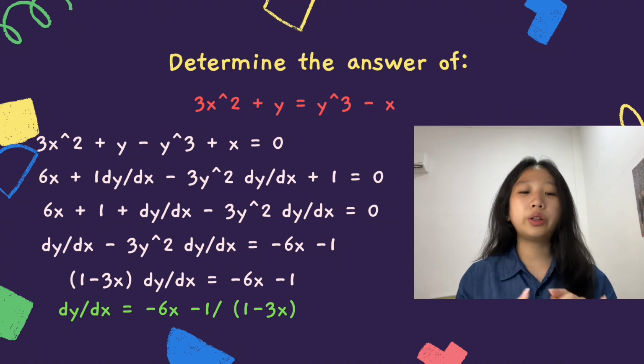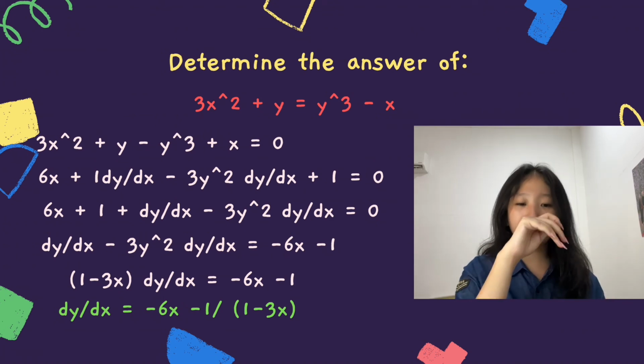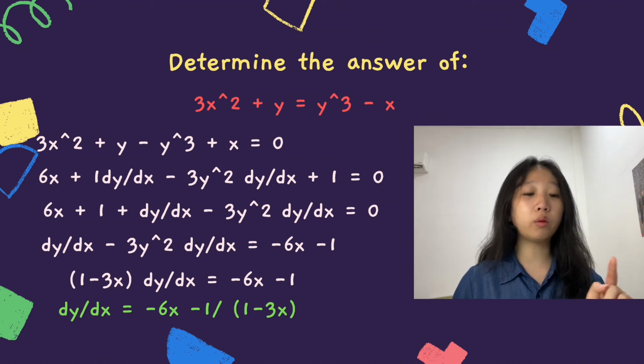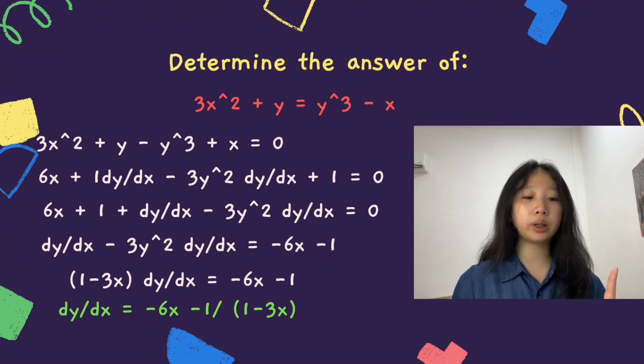So the derivative of 3x squared is 6x, plus the derivative of y is 1 times dy per dx, minus the derivative of y cubed, which is 3y squared times dy per dx, plus 1 equals 0.